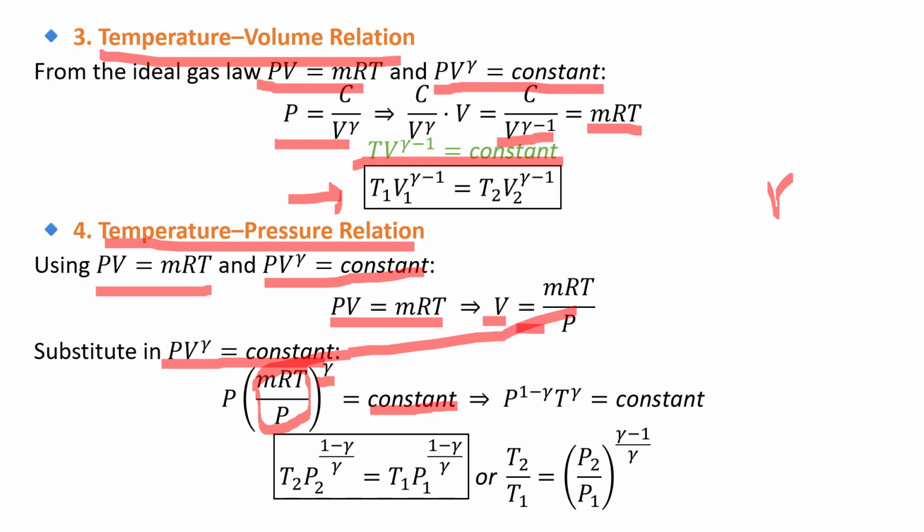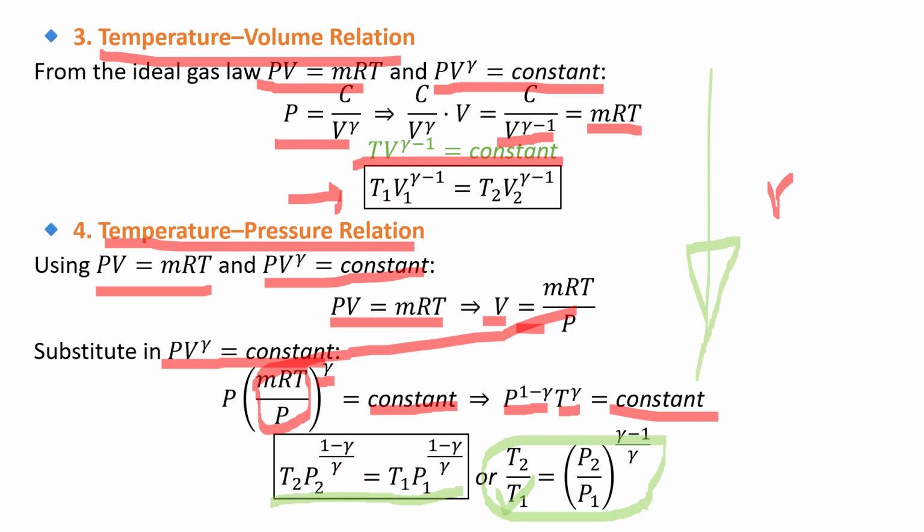Upon simplification I get P raised to 1 minus gamma into T raised to gamma is constant, or T2 by T1 equals P2 by P1 raised to gamma minus 1 upon gamma. This is very easy to understand and very easy to remember. You can easily derive this relation for temperature and volume as well as for temperature and pressure.